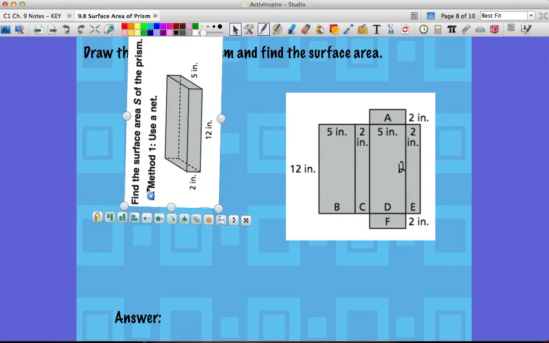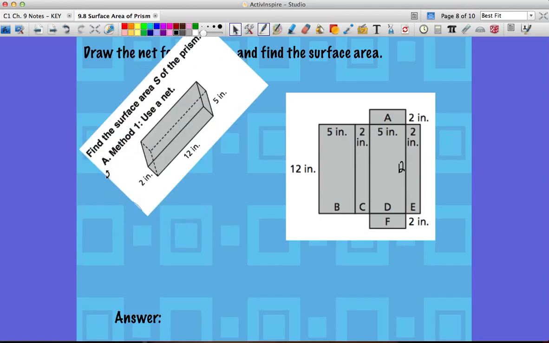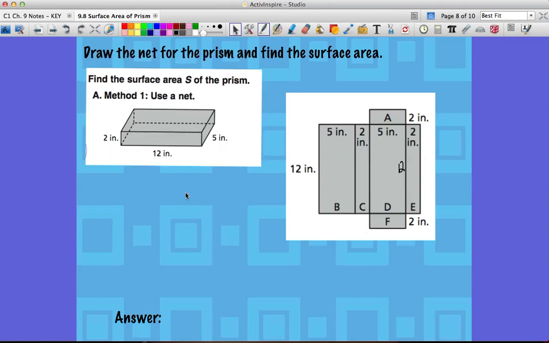Another way to look at this, look at all of your faces and figure out the dimensions. So you know you have 12 by 5 and you know you have to have 2 of those. You have 5 by 2 and you know you have to have 2 of those. And then you have 12 by 2 and you know you have to have 2 of those. Whatever works for you as long as you can find the correct surface area.